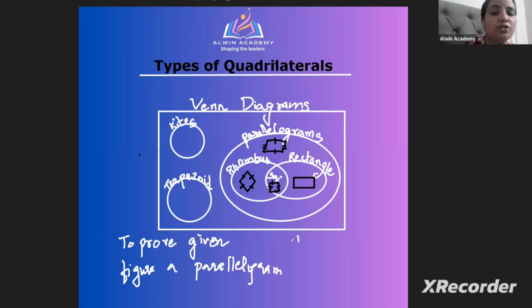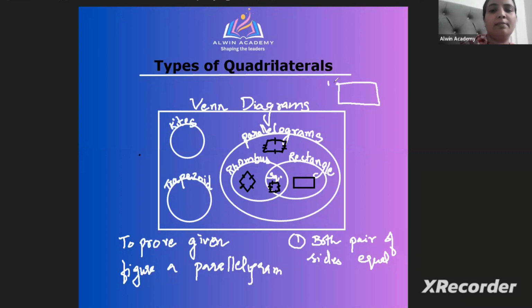There are three conditions. One, prove both pairs of sides equal. This is one way of doing it. So if I have this diagram in front of you and I call it ABCD, to prove this ABCD a parallelogram, what should be done? AB should be equal to CD and AD should be equal to BC.